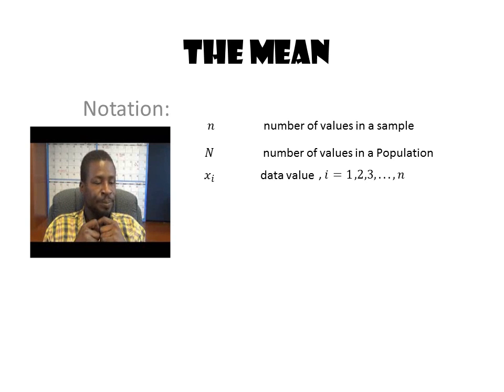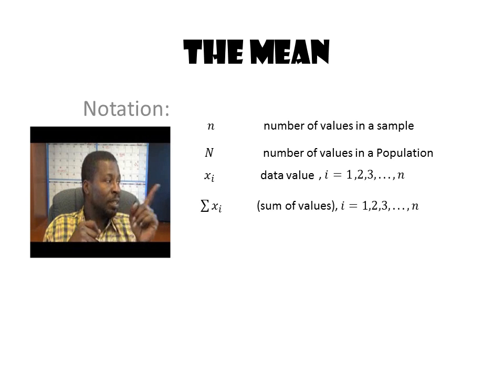Now, the next one is sigma xi. That funny-looking Greek letter is summation notation, and it represents the sum. That's the uppercase Greek sigma, and it represents the sum of the xi's. You see the little xi's, which means we're adding up all the xi's.